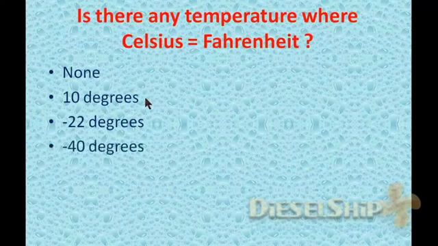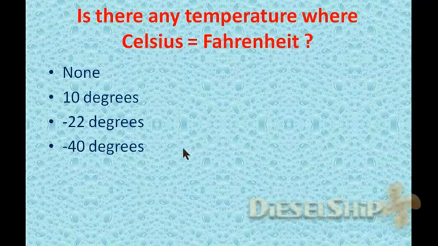To understand this question better, is 10 degrees Celsius equal to 10 degrees Fahrenheit? That's the meaning of this question. Out of these 4 choices, one of them is right. So think and answer this question.